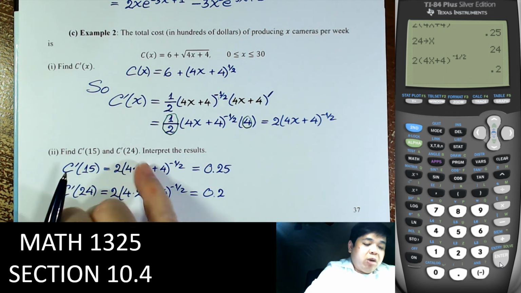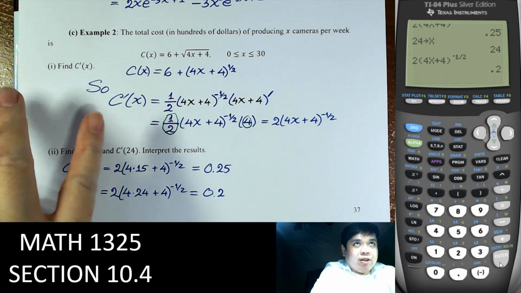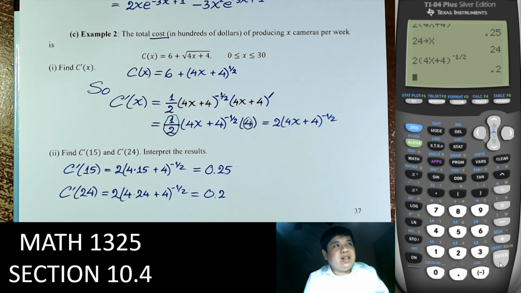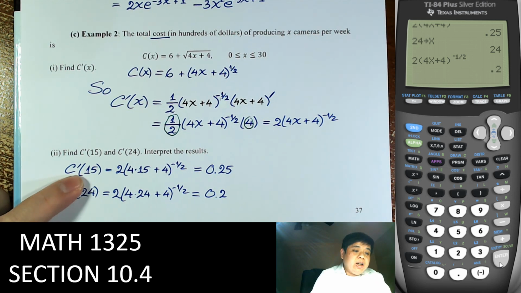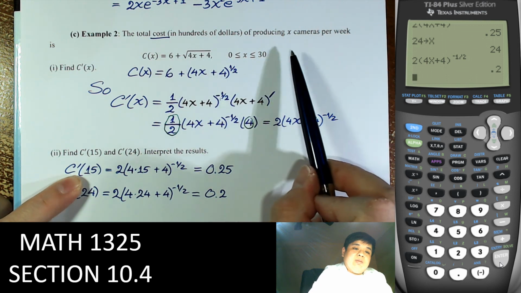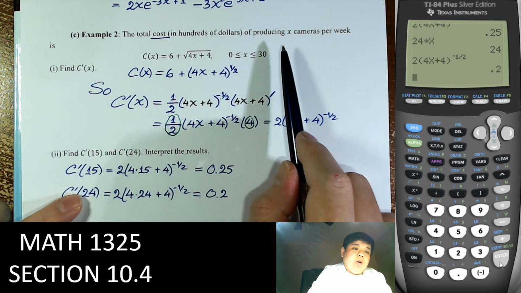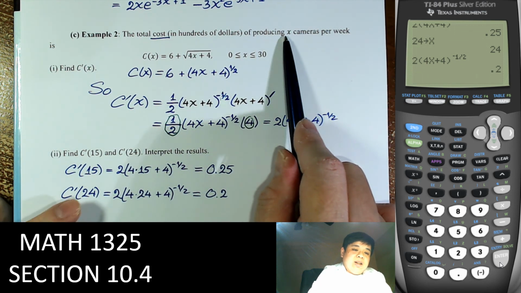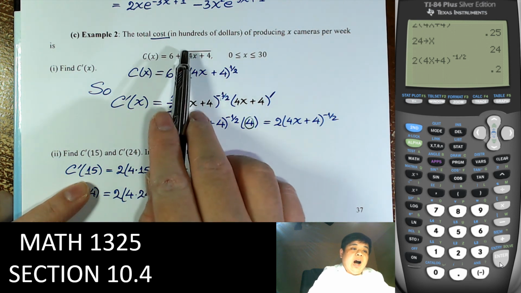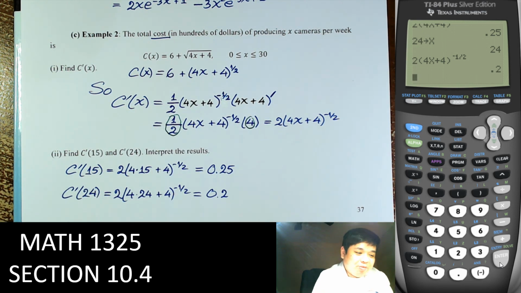Okay, interpret the result. Well, we have C is the cost. If we take the derivative, that is the marginal cost. So the marginal cost when the production is 15 cameras per week, at the level of producing 15 cameras per week, the marginal cost is $0.25 times $100, so $25.